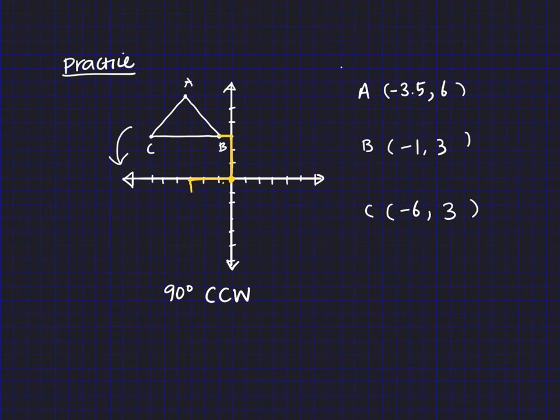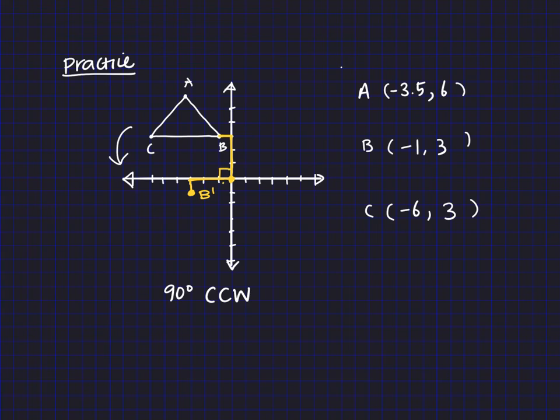I am not moving the top shape because that's a different shape. I want to move this shape clearly 90 degrees, and I have formed 90 degrees right here. So I'm going to have this one as my B prime.